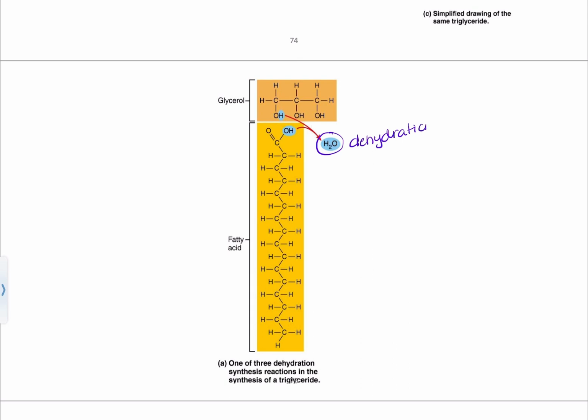Because we have 3 fatty acid chains in a triglyceride, we have 3 dehydration reactions to attach all 3 to the glycerol unit. To break it down, we would need 3 hydrolysis reactions, 1 for each fatty acid chain, in order to remove it.